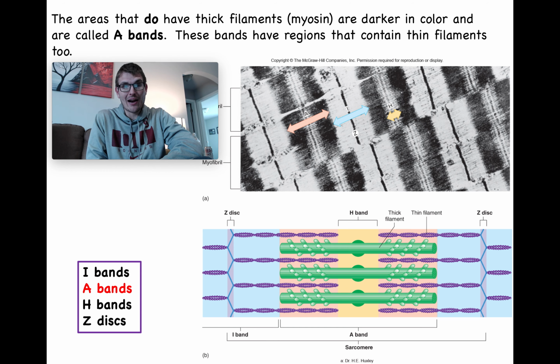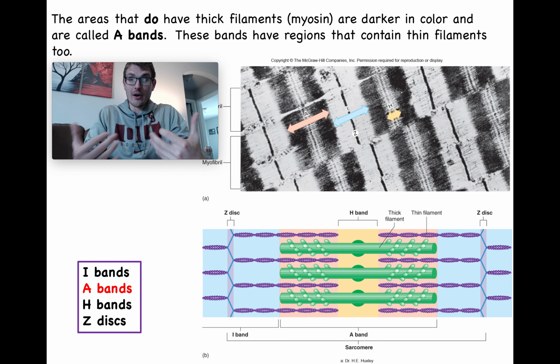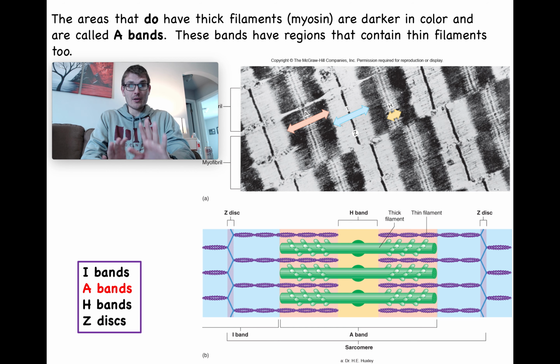If you have an area that does have thick filaments, we call that an A-band. Now, here is where there is sometimes a little bit of confusion. We just got done talking about the I-band where you only have thin filaments. The A-band does not necessarily only have thick. The only way that you should characterize this is that the A-band contains all of the thick filaments. We don't care whether there's any thin there or not.